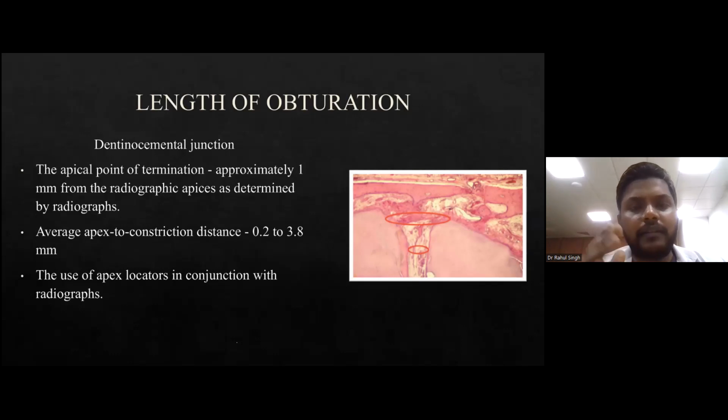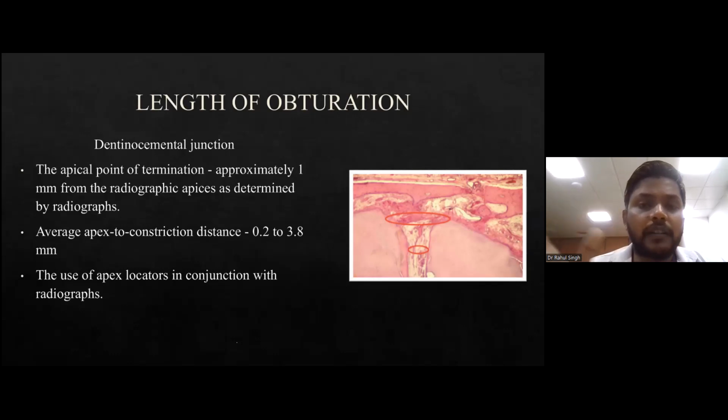If we talk clinically, your preparation as well as your obturation should terminate at the apical constriction. Apical constriction is the minor diameter, and we should not go into the major diameter, because the average distance from the major diameter to the constriction, that is the minor apical diameter, is 0.2 to 3.8 mm.